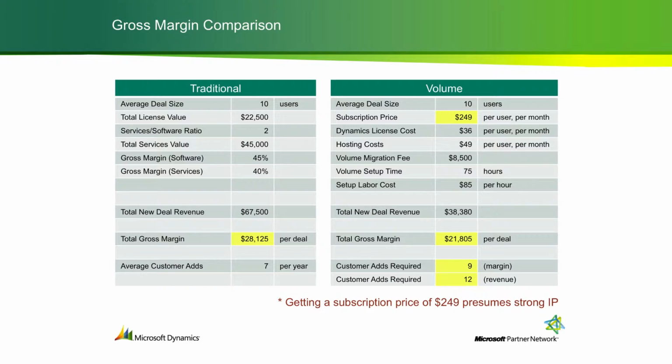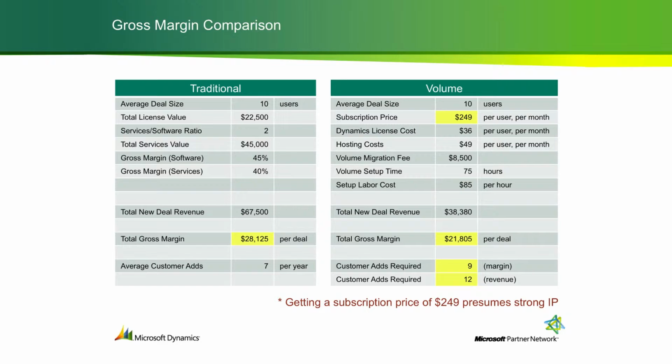Now, how you go about building an offering that has strong enough IP to command that price is really discussed in detail in the section on the productization of IP, and I encourage you to spend some time looking at that particular section of this webinar series.